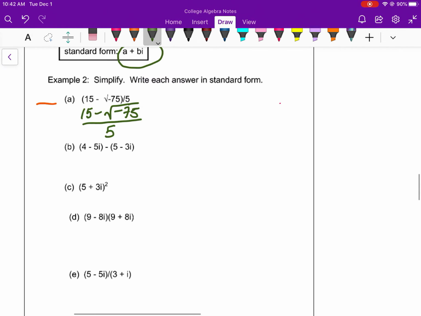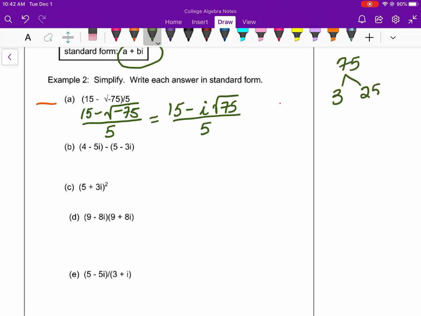So we're just going to clean that up first. I'm going to break down my 75 over here on the side. It's 3 times 25. And so that's 15 minus 5i radical 3 over 5.